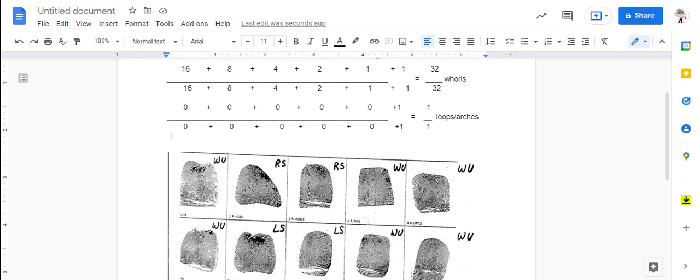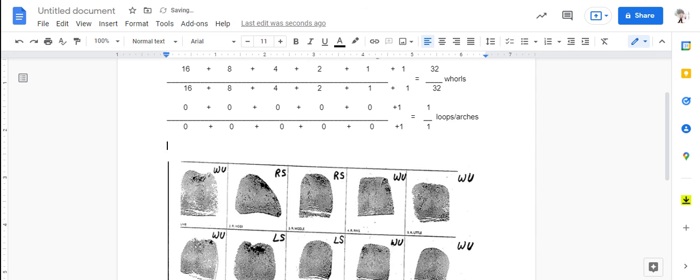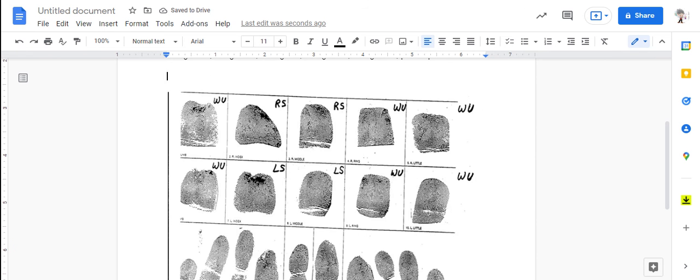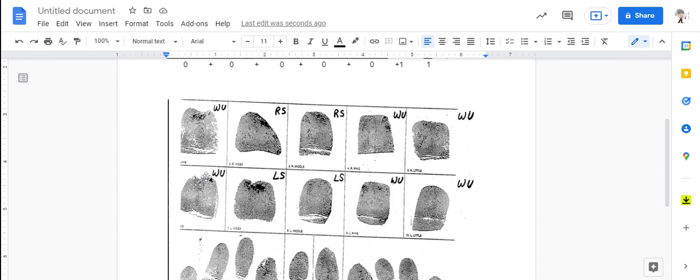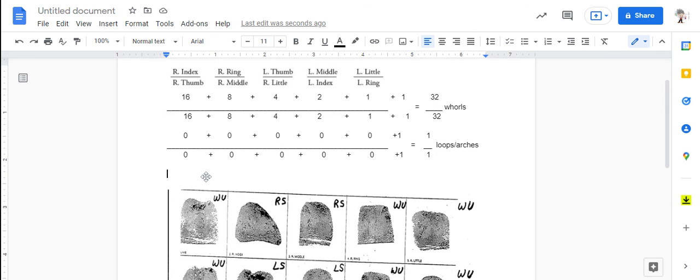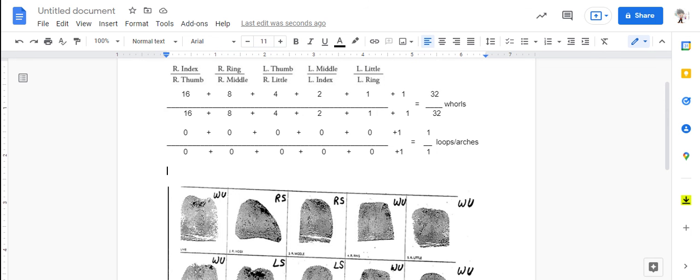So let's look at this example right here that we have of this fingerprint card. The first finger that we have here is going to be the right thumb, and so that's going to go on bottom.